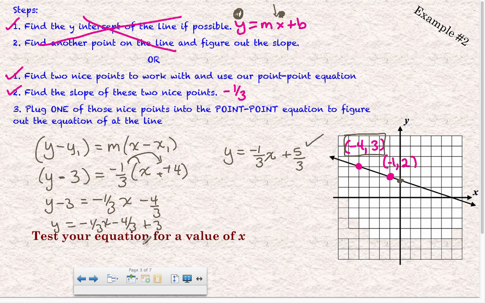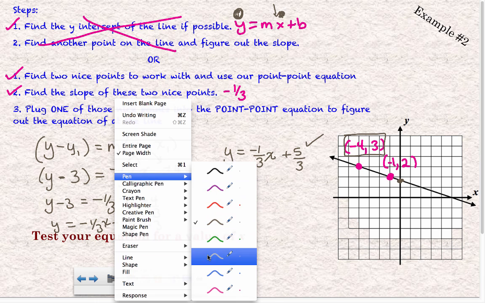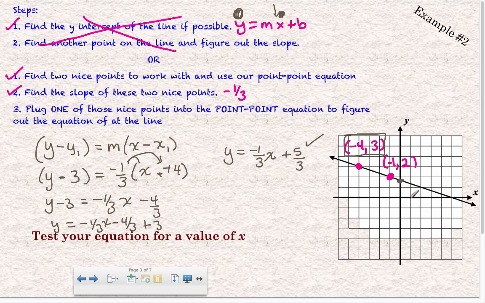Test our equation for a value of x. So in other words, let's pick an x value. 1, don't like it. 2, oh, look, 2 gives me back a nice answer. If I put 2 into my equation, 1 should come up as the answer. Let's test ourselves.